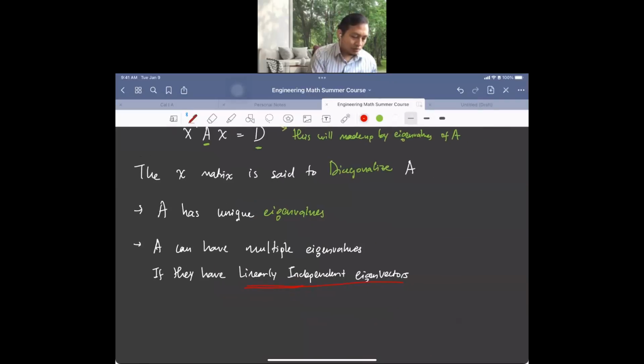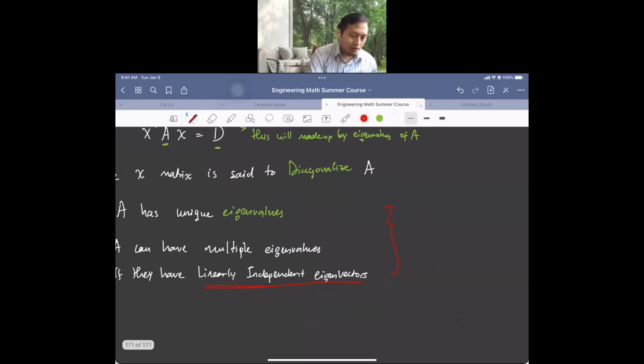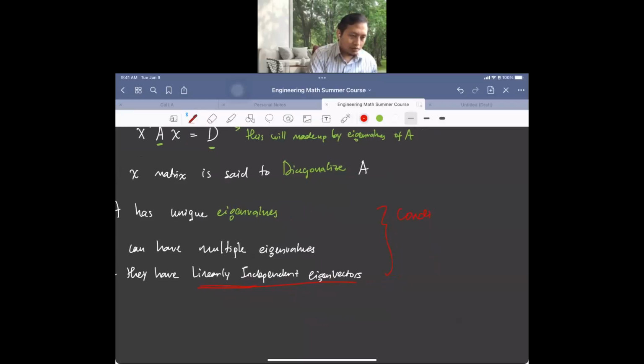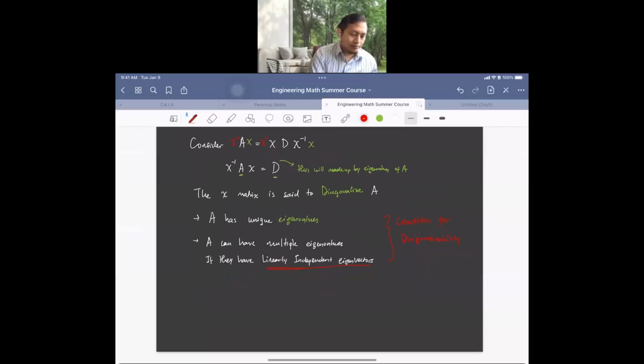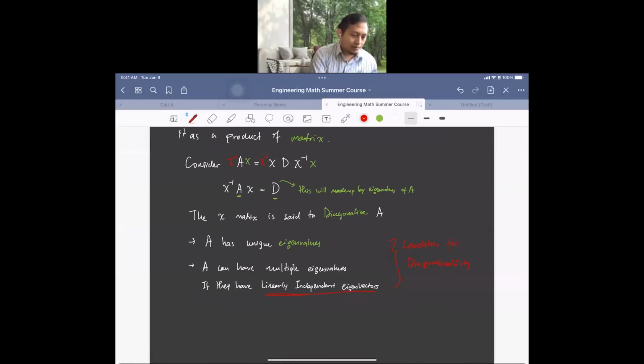We call this the sufficient conditions for diagonalizability, the ability to diagonalize.